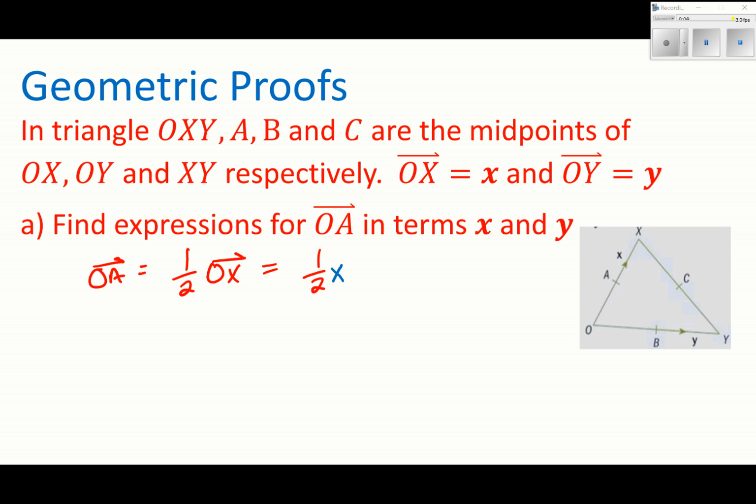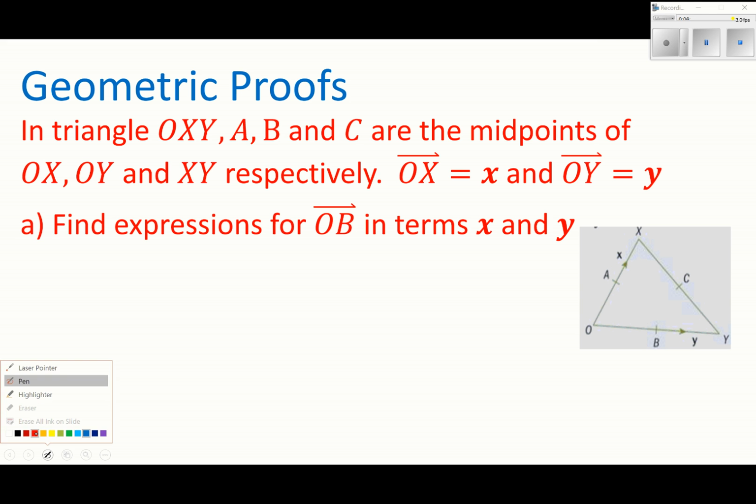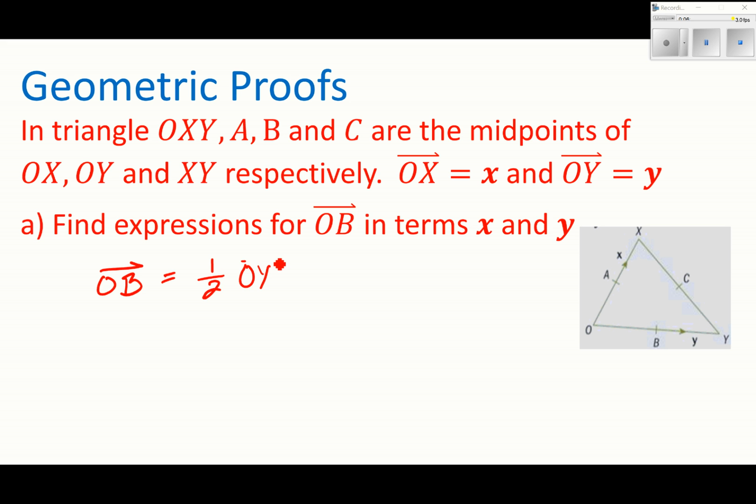If I wanted to find OB in terms of X and Y, OB is going to be represented by half of OY, and I know OY is really my boldface Y. So this is going to be 1/2 of Y.